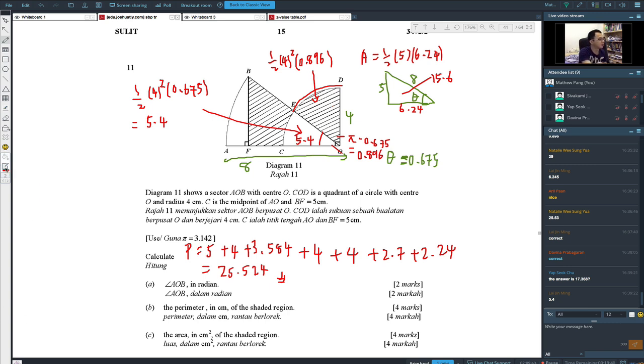And for this shaded area, I will do it also: 16 multiplied by 0.896 divided by 2, which will be 7.168. So the total area of the shaded region equals 10.2 plus 7.168, which is 17.368. Yeah, the answer should be correct.